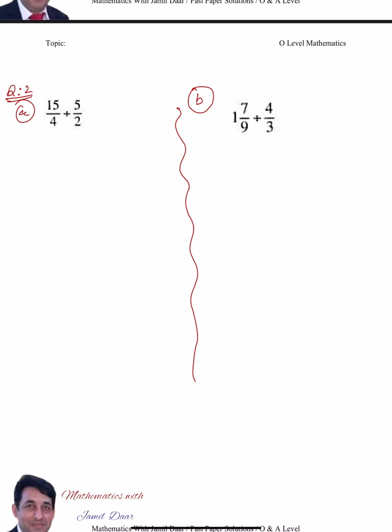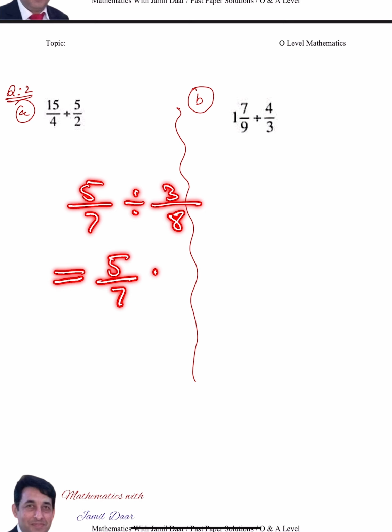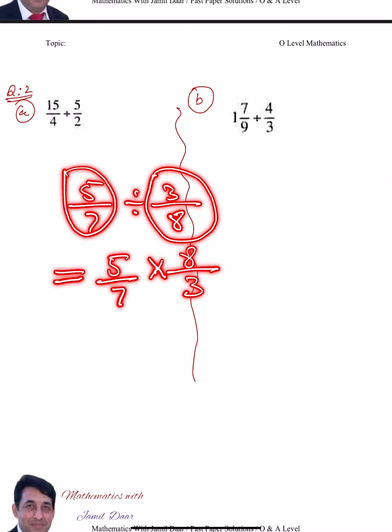So if it is 5 over 7 divided by 3 by 8, and you change it into multiplication, this will not be changed to its reciprocal. The next fraction will be changed to its reciprocal. 3 over 8's reciprocal will be 8 over 3. I think you have understood.